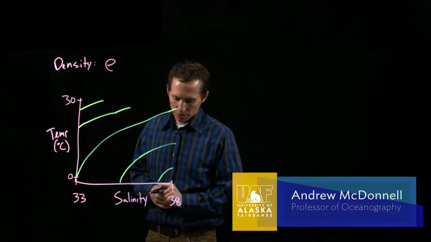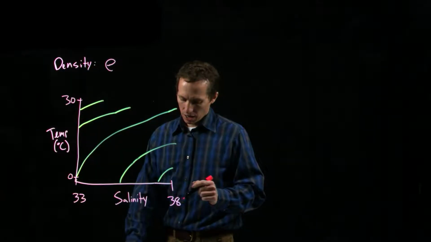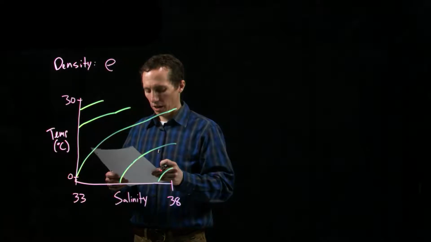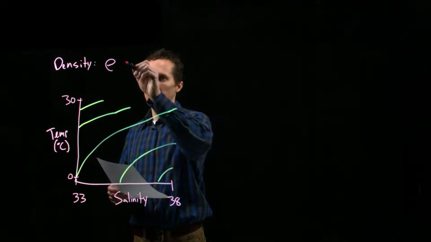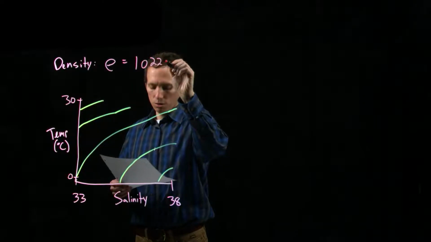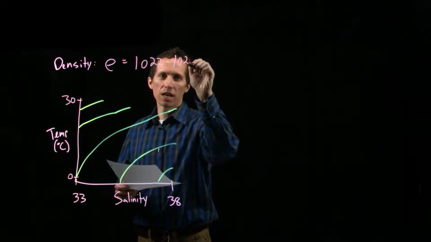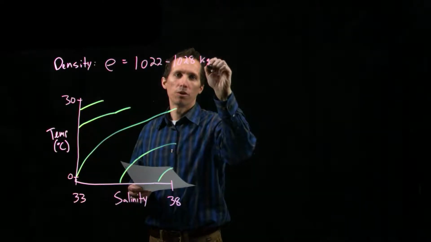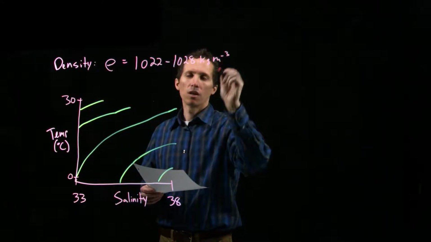So we define density with the term rho, as I mentioned last time, and this ranges between 1,022 to 1,028 kilograms per meter cubed in the ocean.